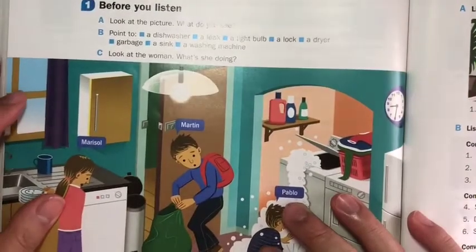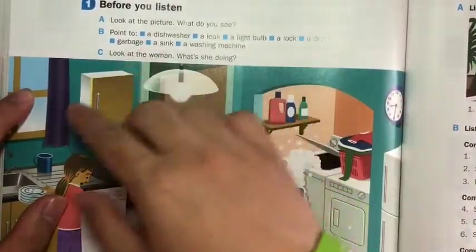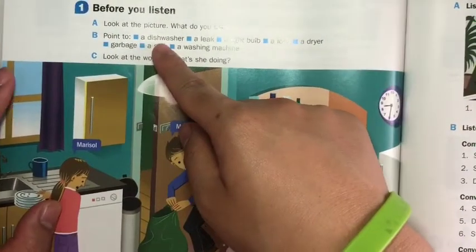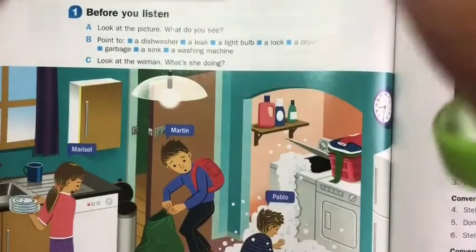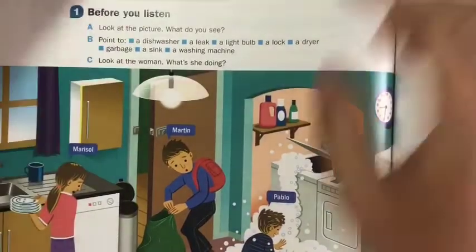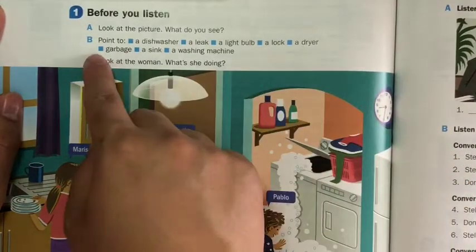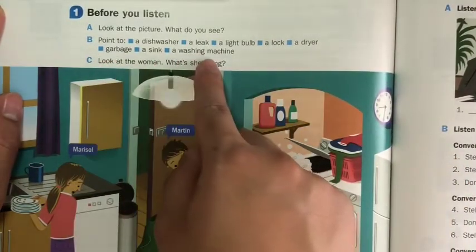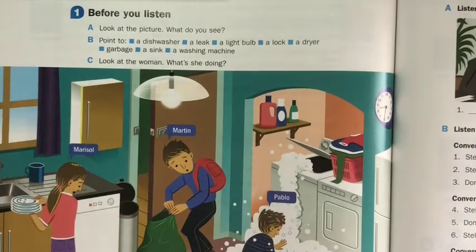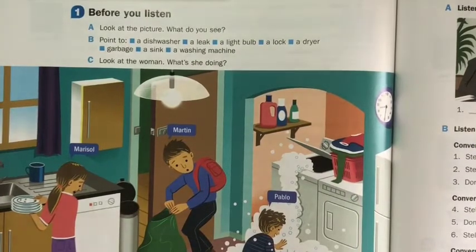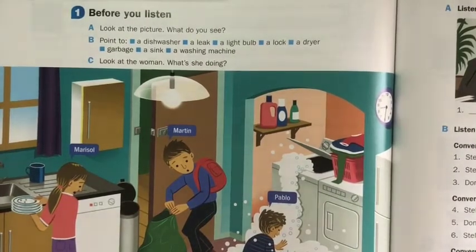All right, so let's look at the vocabulary words here. We have a dishwasher, a leak, a light bulb, a lock, a dryer, garbage, a sink, and a washing machine. Okay, so let's start off with some of these words.